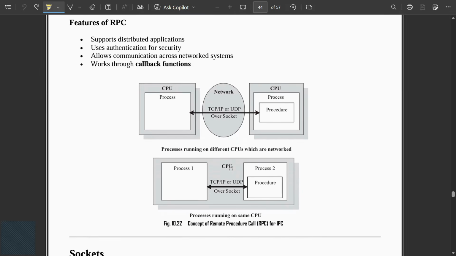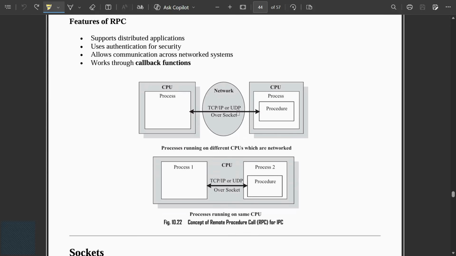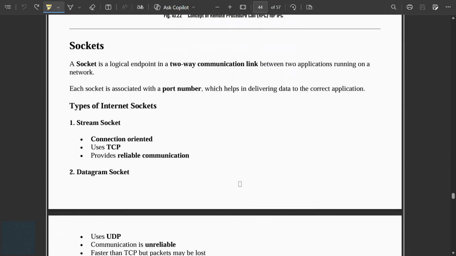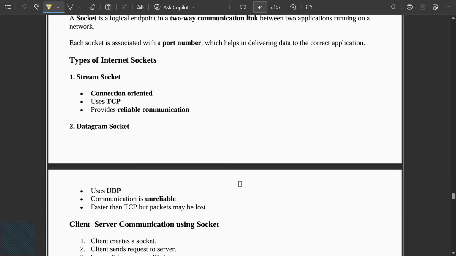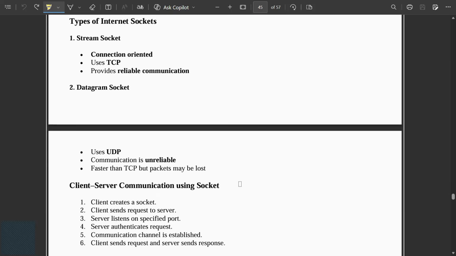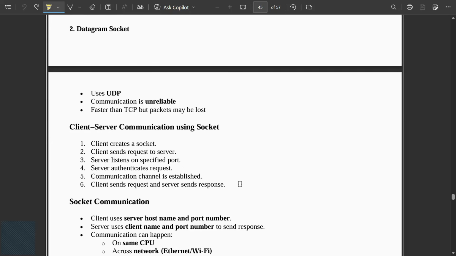This is the process running on different CPUs which are networked, and here the process runs on the same CPU. A socket is a logical endpoint in a two-way communication link between two applications running on the same network. Each socket is associated with a port number, which helps in delivering data to the correct application. The types of internet sockets are stream socket and datagram socket.